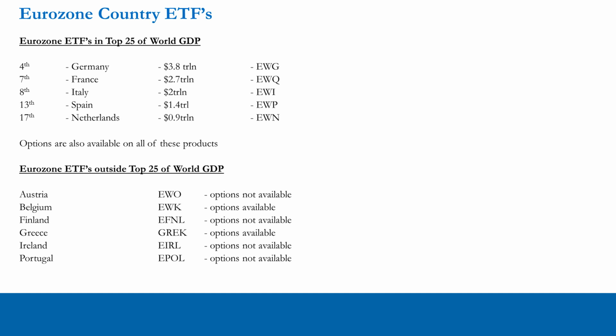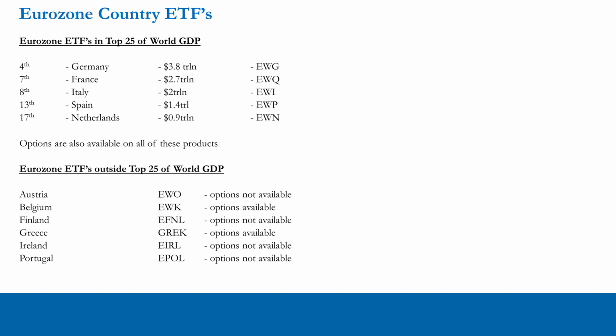And on all of those products, you can actually trade options as tradable instruments, so call and put options on the actual underlying products, the ETFs. Countries that are in the Eurozone, but they're not in the top 25 of world GDP. These ETFs in general are a lot less liquid than the five that we just looked at that are in the top 25 of world GDP.